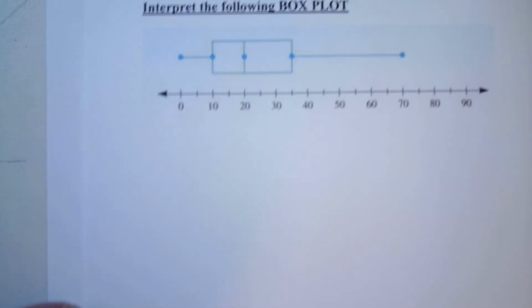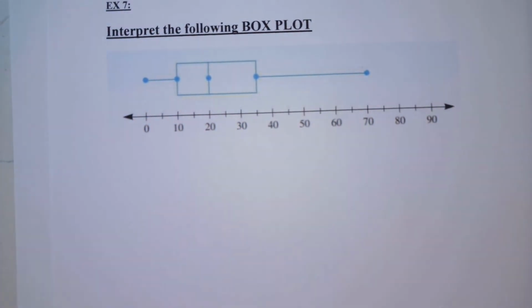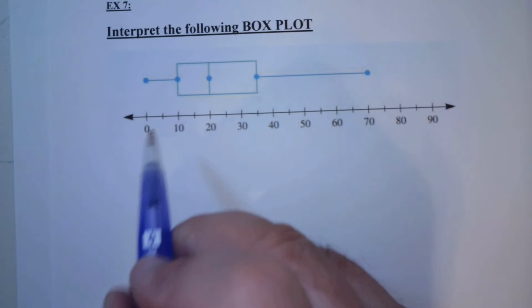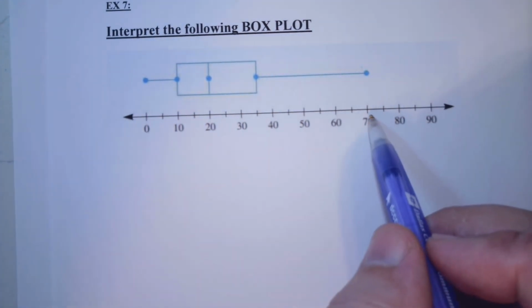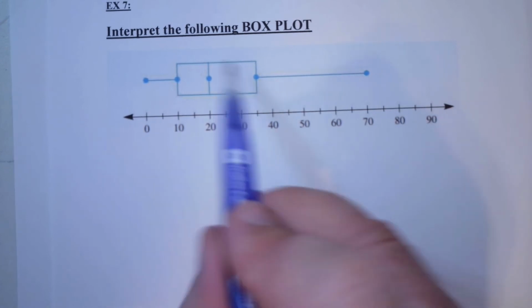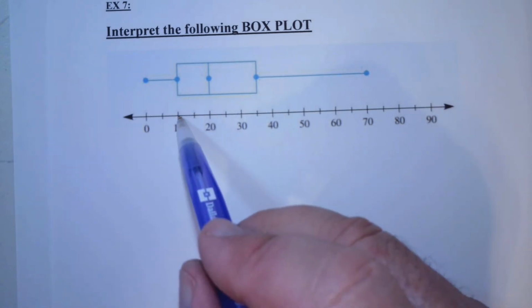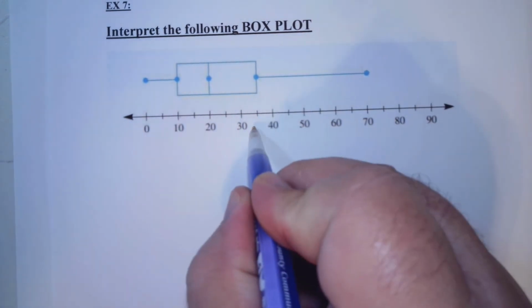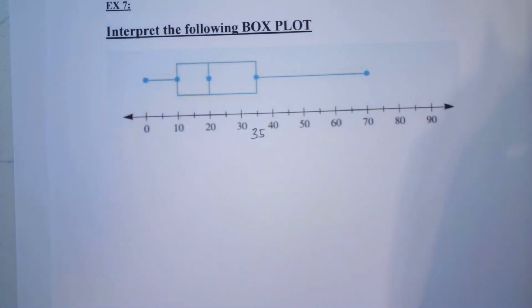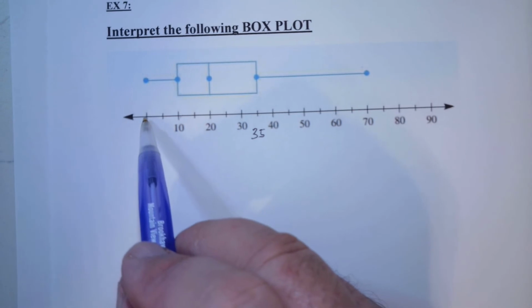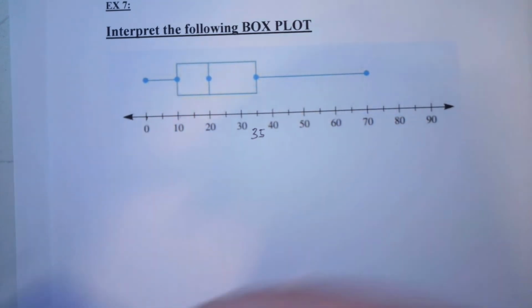All right, here's an example. So if I gave you this, how would you interpret it? The low extreme is 0, high extreme is 70, and the box, the median is at 20. That's the middle of the road. And the first quartile is at 10, third quartile is at 35. Now basically, if I were to analyze this, these are grades. The student low grade is 0, can't make it any lower than that, and the high grade was a 70.